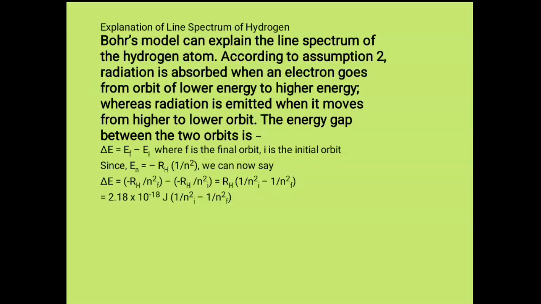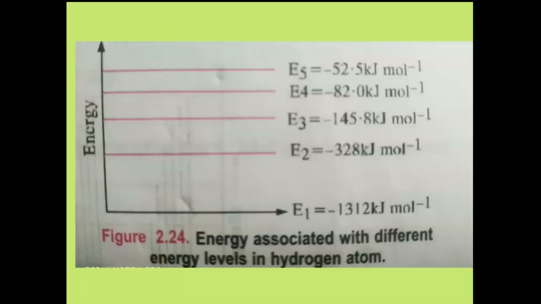Next, look at this energy graph for the energy levels of the hydrogen atom, different energy levels. If we simply substitute the value of n in the given formula, we will be able to calculate the energy of a particular orbit or shell.